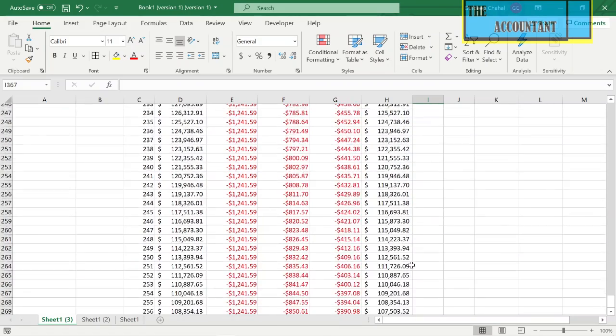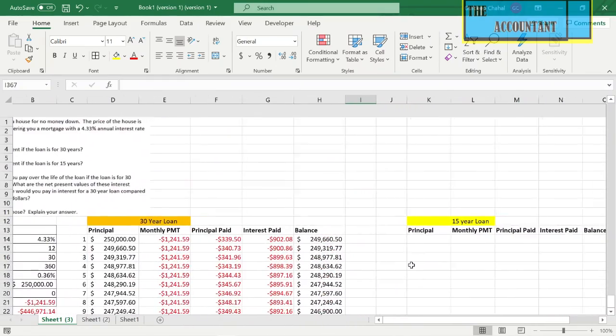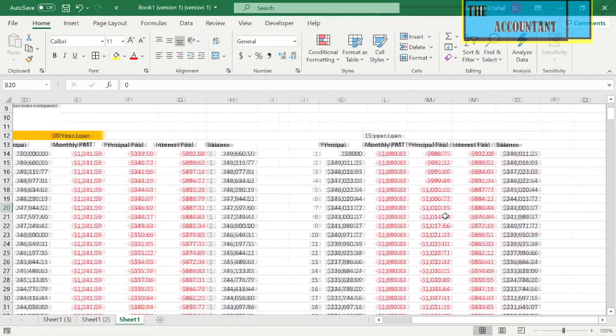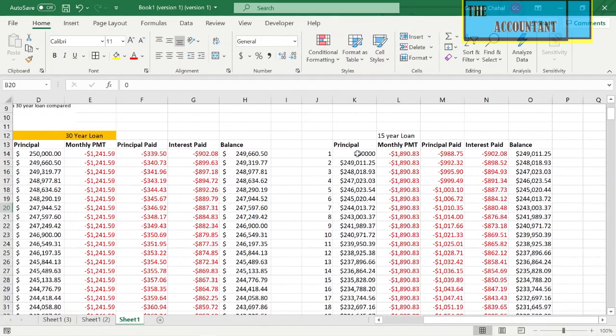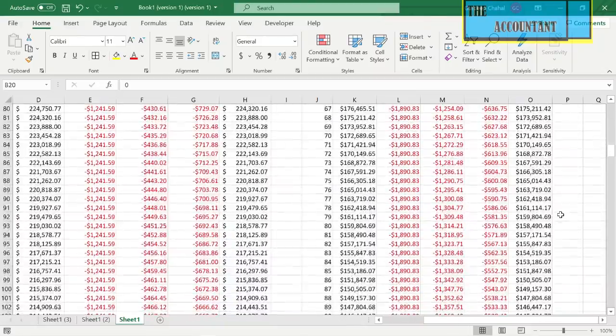So now, to do the same thing for this 15-year period, you'd basically just repeat the steps. And after you repeat the similar formulas for the second one, you will come up with a similar table.